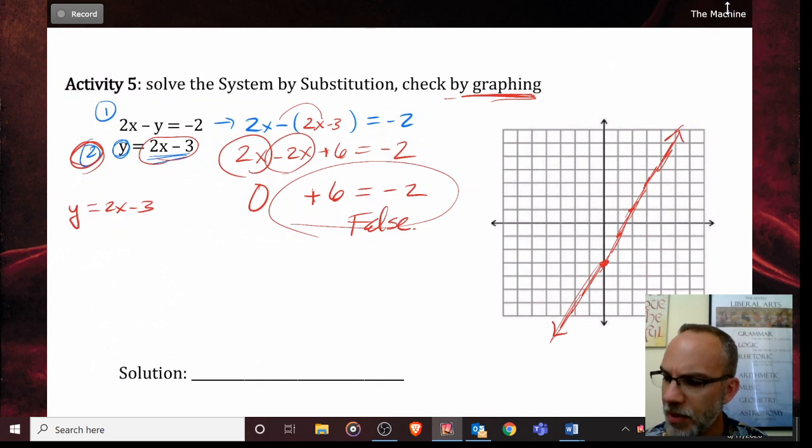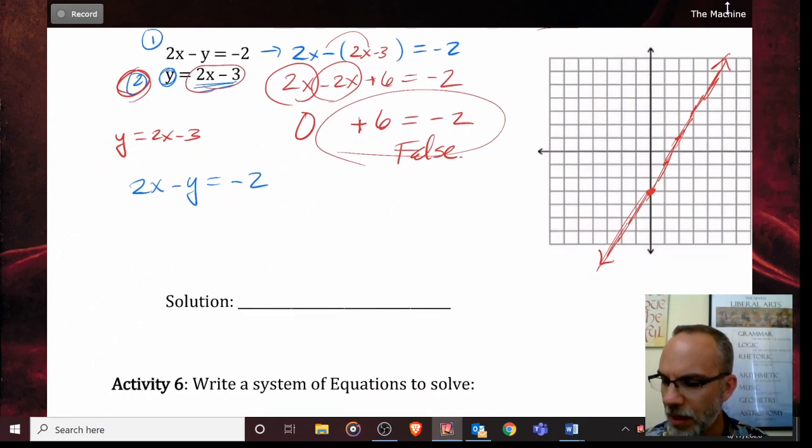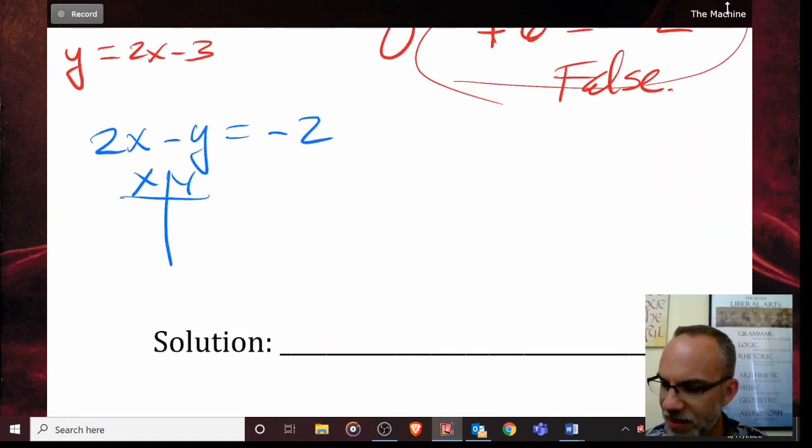Okay, so now let me do the other one in blue. 2x minus y is equal to negative 2. I could solve this one for y, but let me just do like a table of values. Let me just do intercepts, x and y. So if x is 0, that gives me negative y is equal to negative 2. That means y is equal to positive 2. There's one of the points.